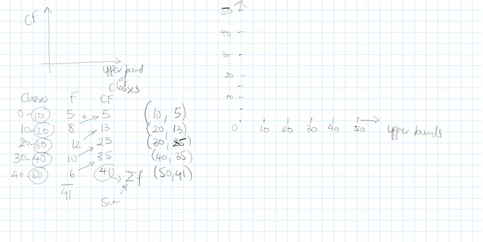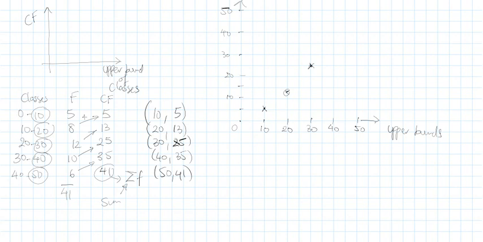So 10, 5 here. Okay, you can put a small cross if you want. 20, 13, 20 here. This is 10, this is 15, so 13 will be somewhere here. 30, 25, so 30 is here. 25 is exactly here because 1 square is 5.